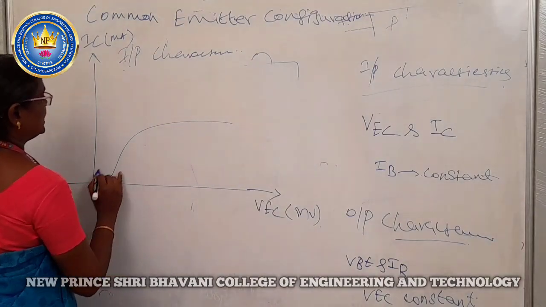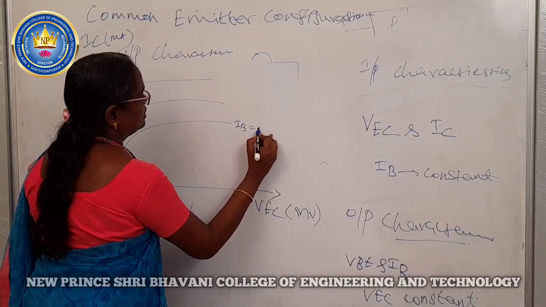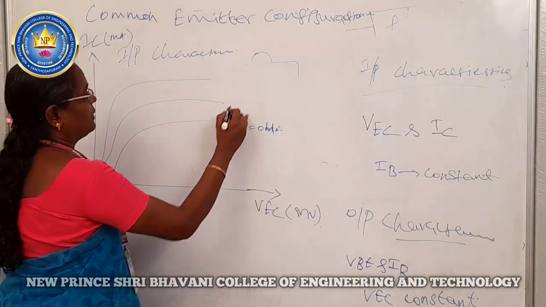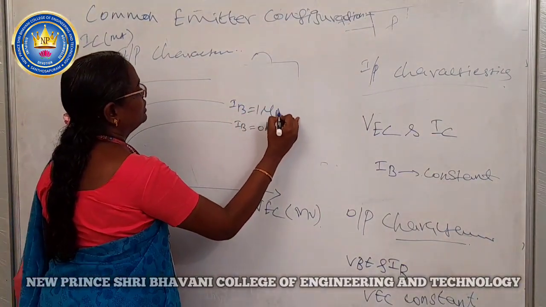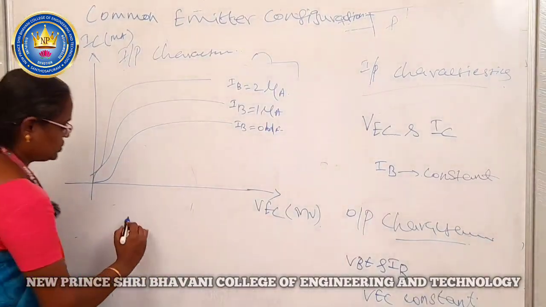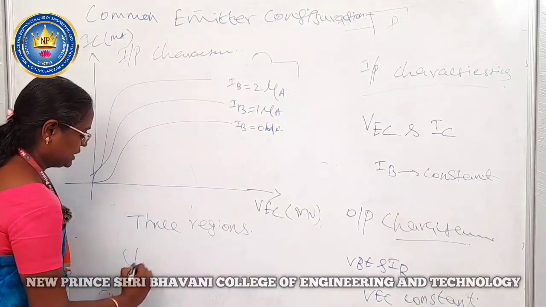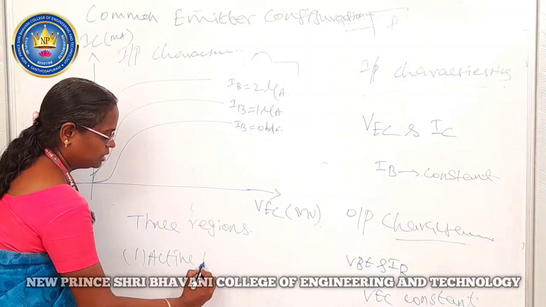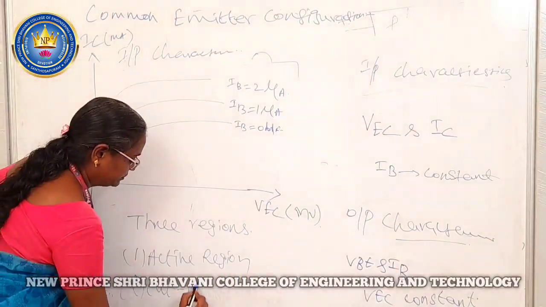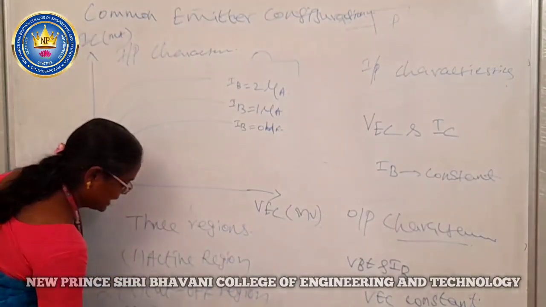We have to plot the graph for various values of IB. IB is a very small current, so it can be mentioned in microampere. In a BJT, three regions are available: one is the active region, the second is the cutoff region, and the third is the saturation region.